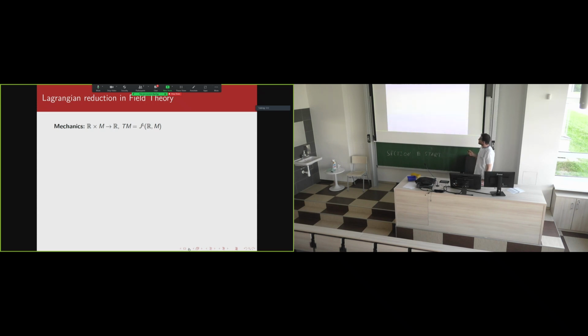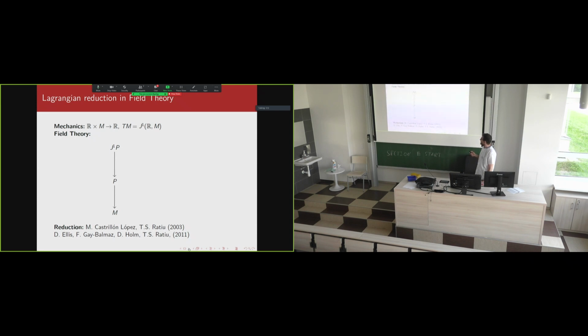Until now, we have always been trying to find curves on a manifold M. So we were working in this bundle, R times M over R, and we were always using the tangent bundle because we were in the Lagrangian picture. But for what we are going to do now, we can consider that my tangent bundle here is going to be the first jet bundle from R to M.